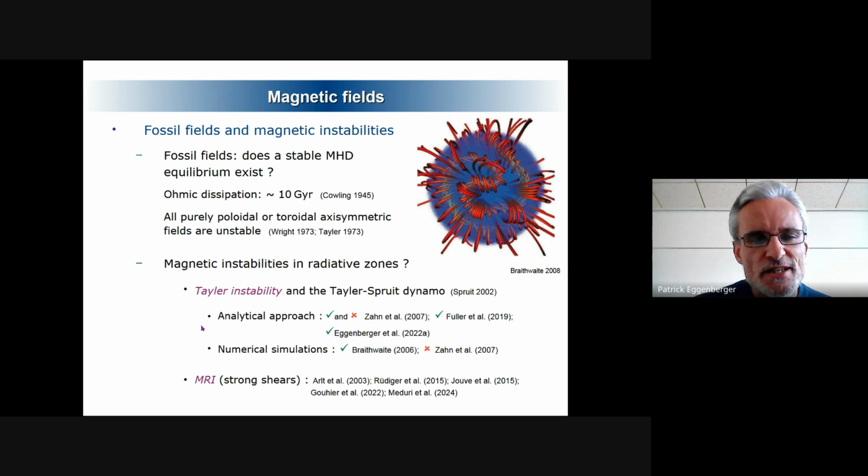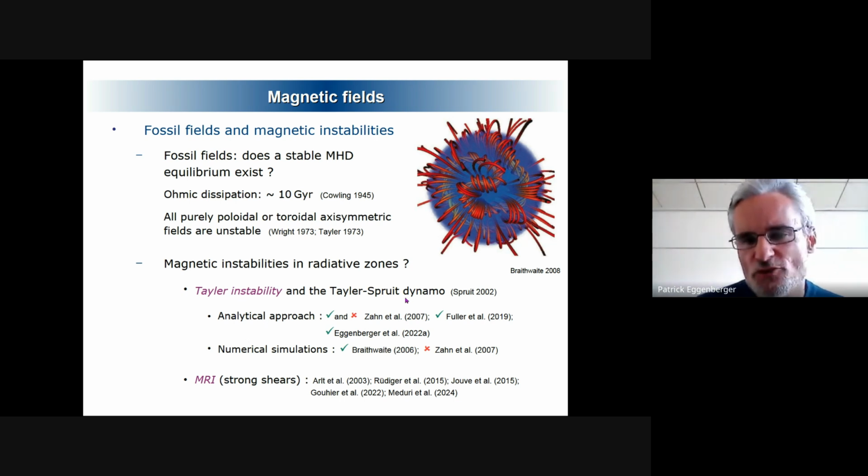I will focus here only on these two main instabilities, because they can lead to very interesting transport processes that are efficient for the transport of angular momentum. So this is perhaps an interesting candidate for solving the problem that we have seen before for angular momentum. We have two possibilities, the Tayler instability and the MRI.